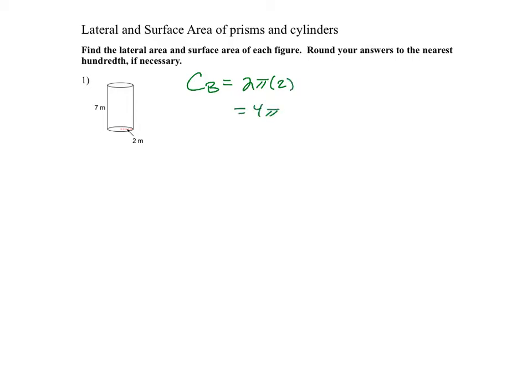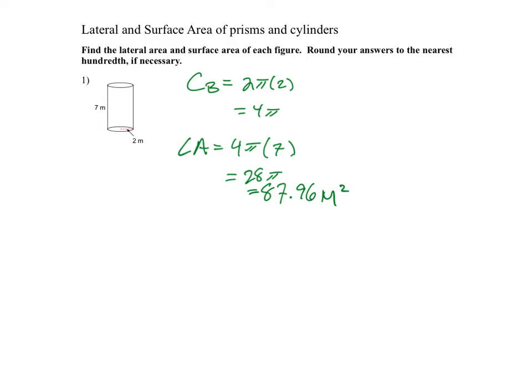Now the lateral area is my circumference times the height, so in this case 28 pi. If we go to our calculator, this is 87.96 meters squared.